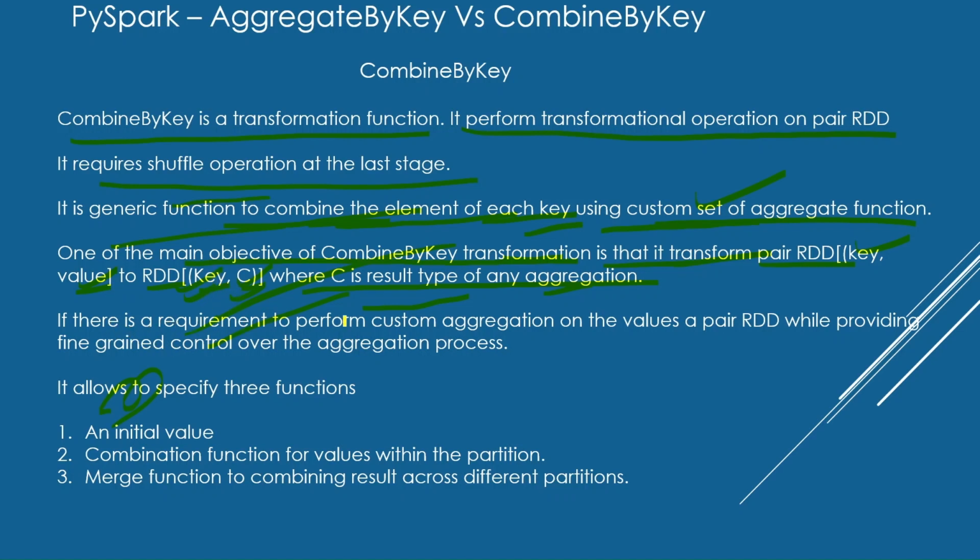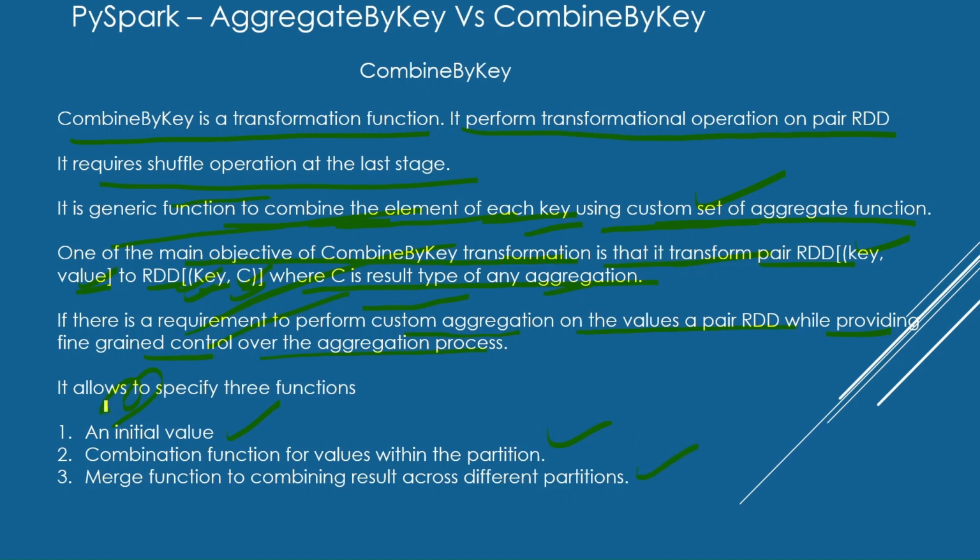If there is a requirement to perform custom aggregation on the values of a pair RDD while providing fine-grained control over the aggregation process, then we should use the combine by key function. As I told you, we can use a custom aggregation function. If there is a requirement to write a custom aggregation function, then we should use combine by key. Whenever we use combine by key, it takes 3 parameters as arguments.